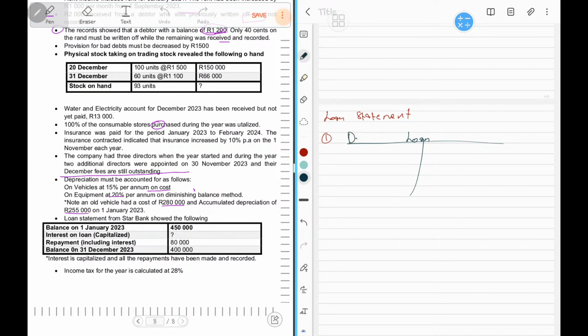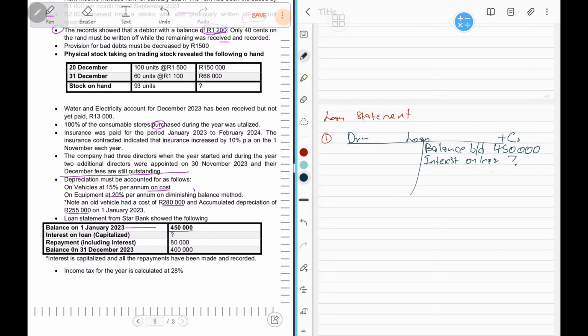Remember, loan is a liability. It increases on the credit side and it decreases on the debit side.